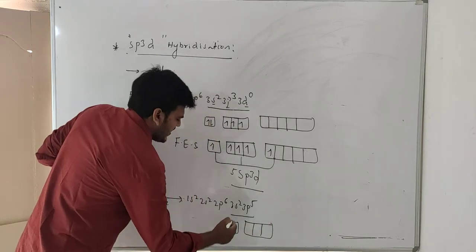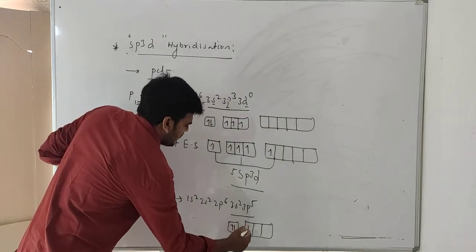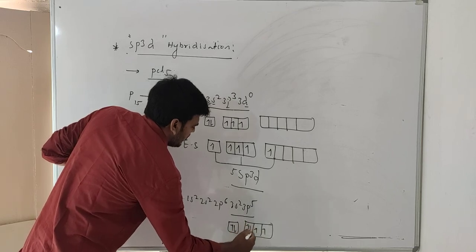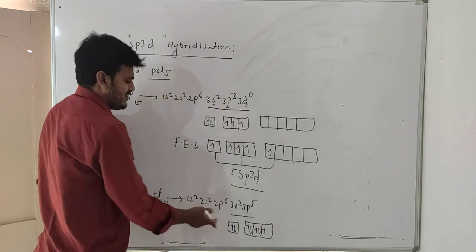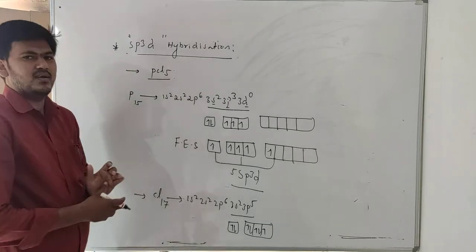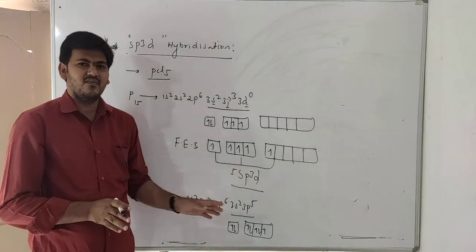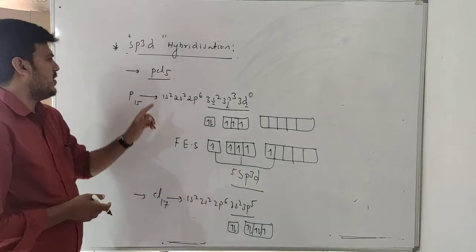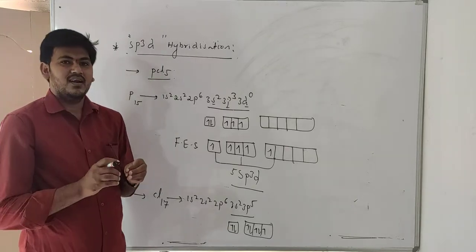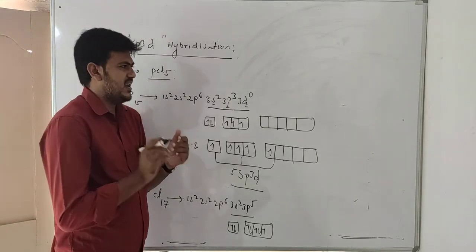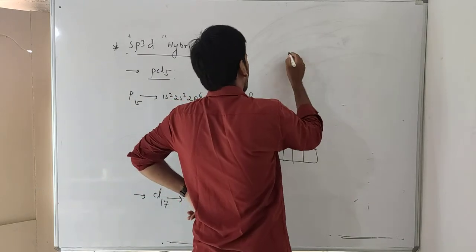So 3s2 has 2 electrons, and 3p5 has 5 electrons. Every chlorine atom has 1 unpaired electron, and total chlorine atoms are 5, so total unpaired electrons are 5. Now the final structure, very important and very simple.